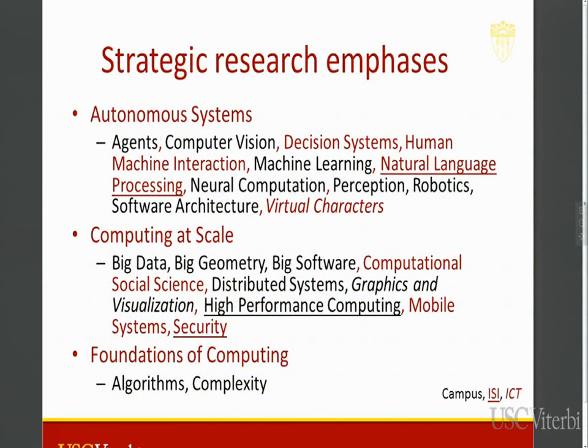The areas are roughly spread out over research that happens on the main USC campus, research that happens at the Information Sciences Institute, ISI, and research that happens at the Institute for Creative Technologies, ICT. And you can see in this chart that I've added a little legend at the bottom that says roughly where the research happens. In some cases, you can see it happens in multiple places. This, of course, is one of our strengths because many of our faculty have primary homes at the two research institutes.